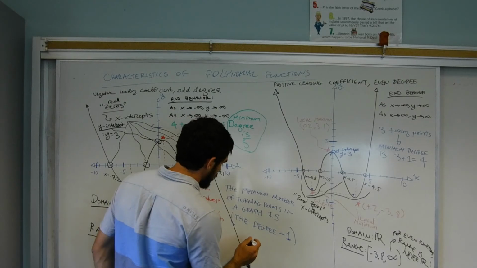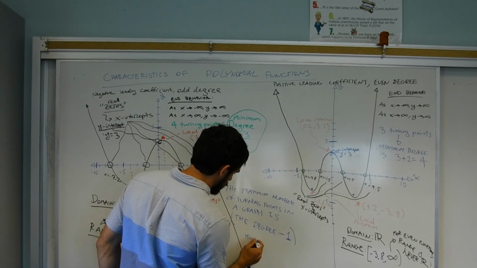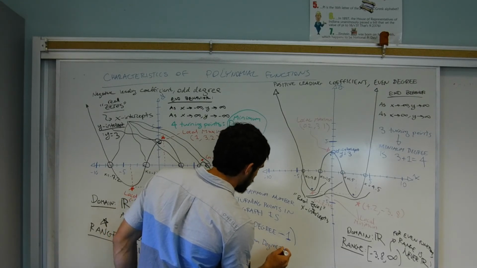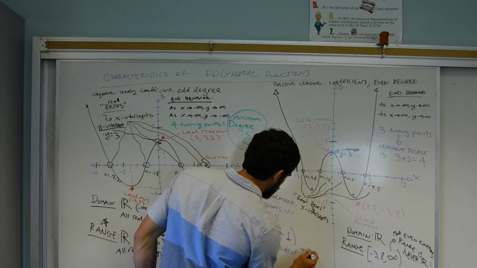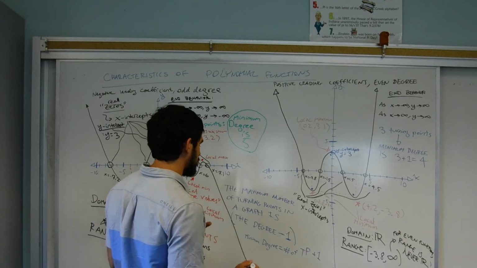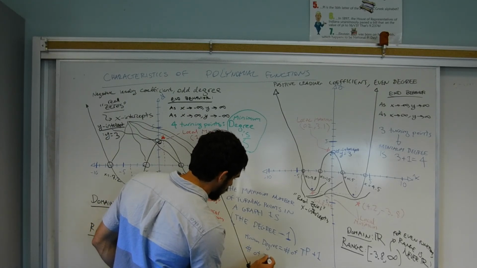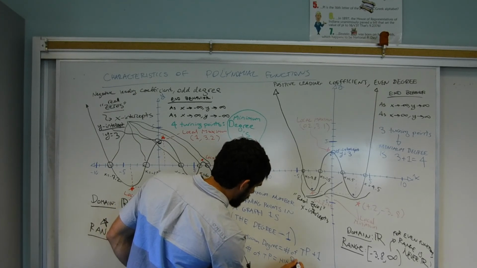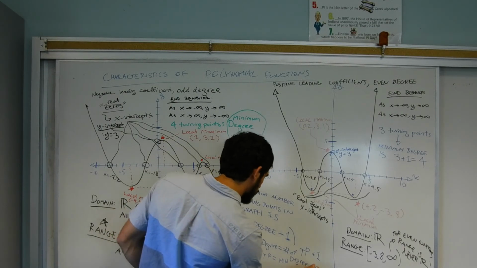The minimum degree is equal to the number of turning points plus 1. And we could rearrange that to say the number of turning points is equal to the minimum degree minus 1.